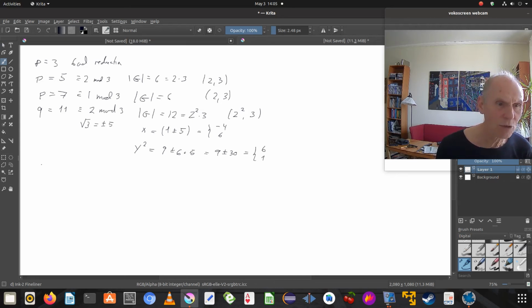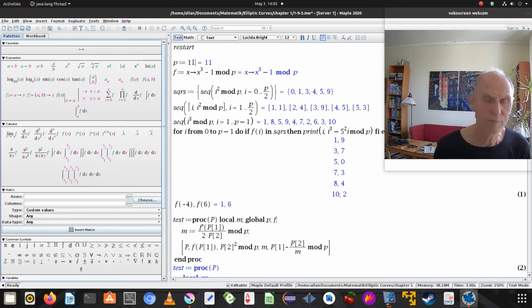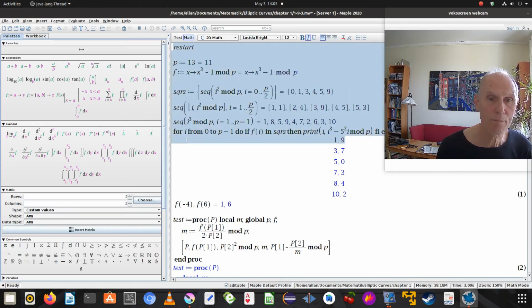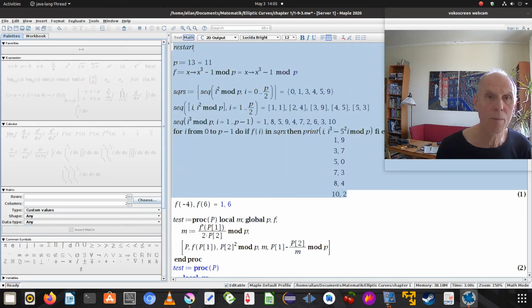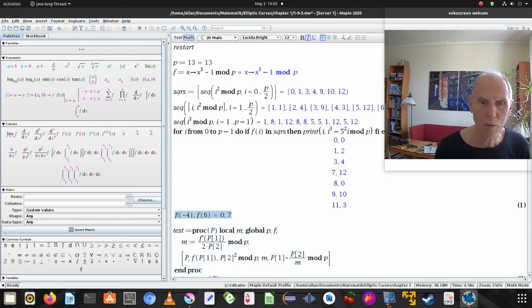That was q equals 11, now 13. That's 1 modulo 3, so we need to check the number of elements. 1, 2, 3, 4, 5.